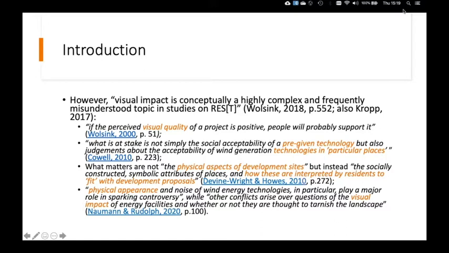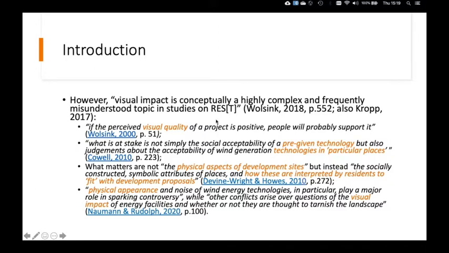But there's also the sense that authors often refer just to this general concept of visual impact, without specifying exactly what it means, what is in the visual impact of renewable energy technologies, at what level they are talking about the visual impact, etc.